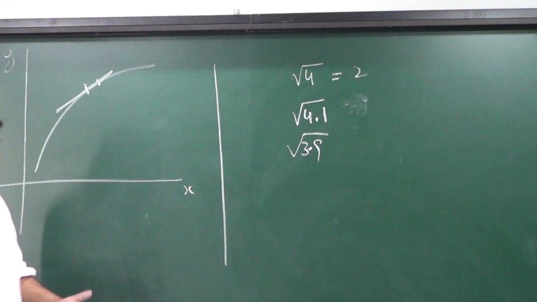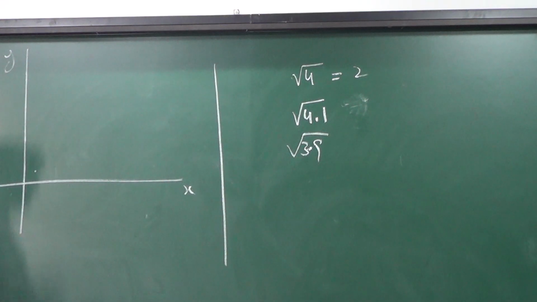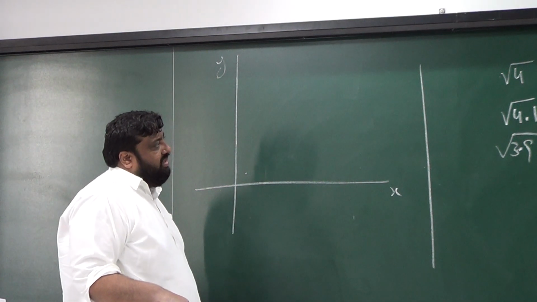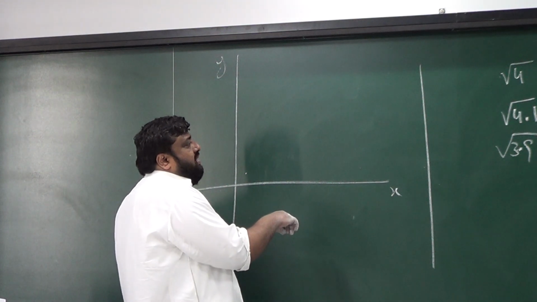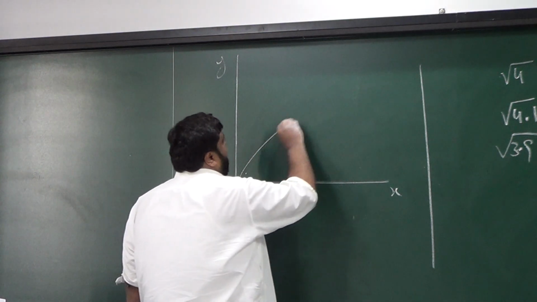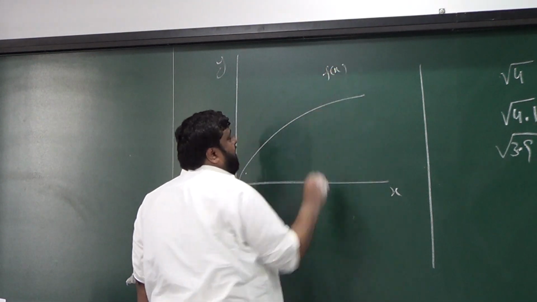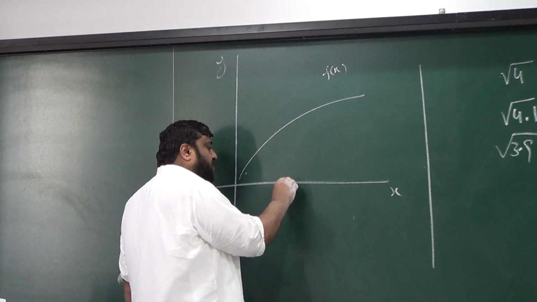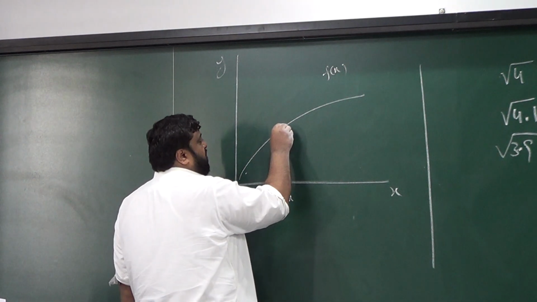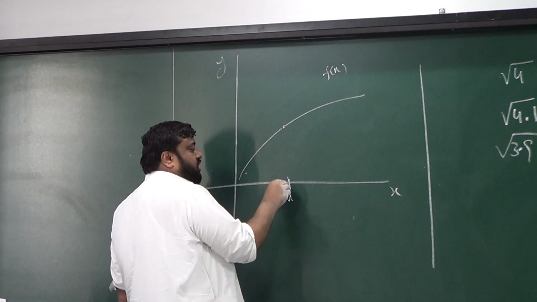So what is the general picture? Imagine you have a curve, so this is your f of x, and this is an input a, and this is the corresponding output, the point on the curve corresponding to this input.